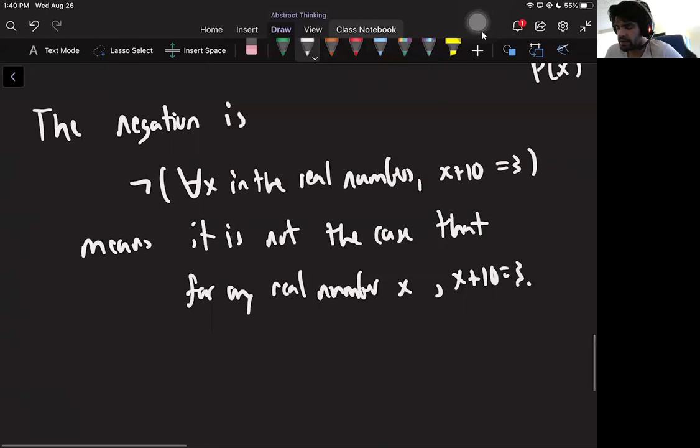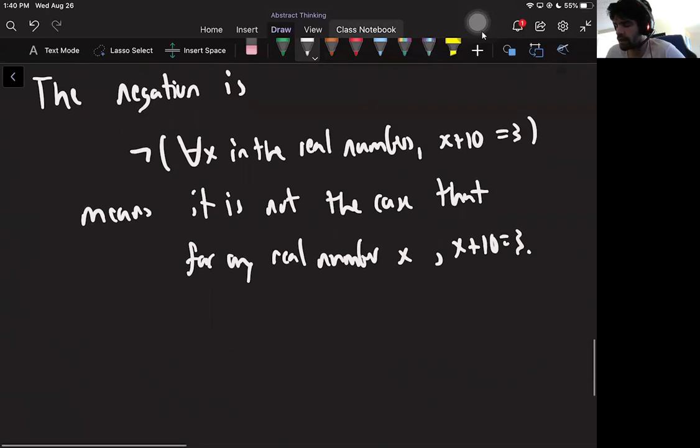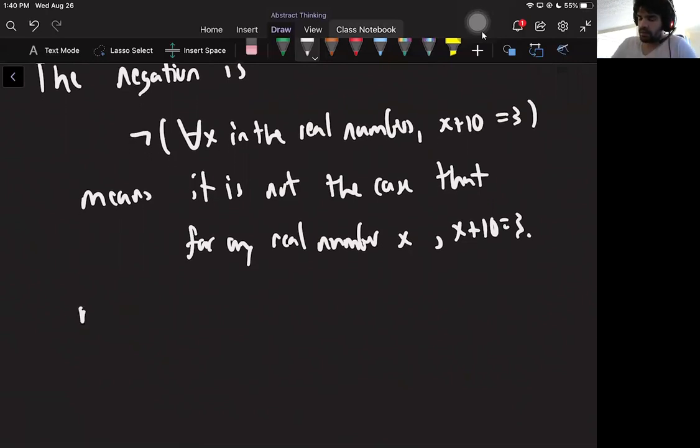So if it's not the case that every single real number makes x plus 10 be 3, you must be saying that there's a situation in which x plus 10 does not equal 3. So that's exactly what's going on.